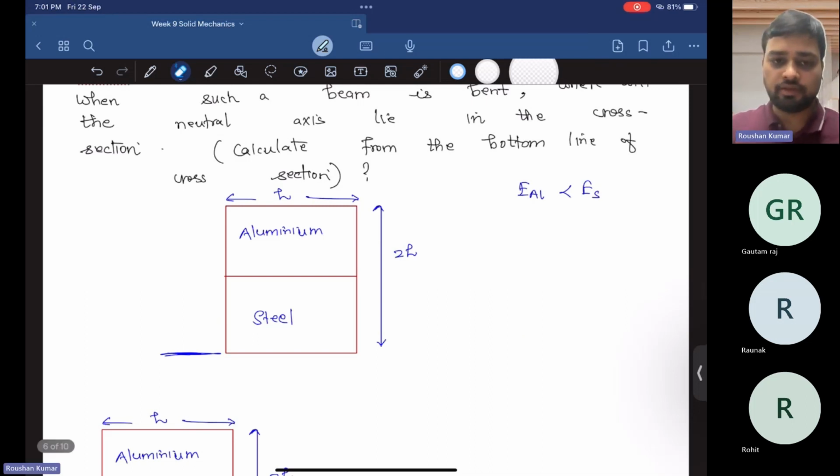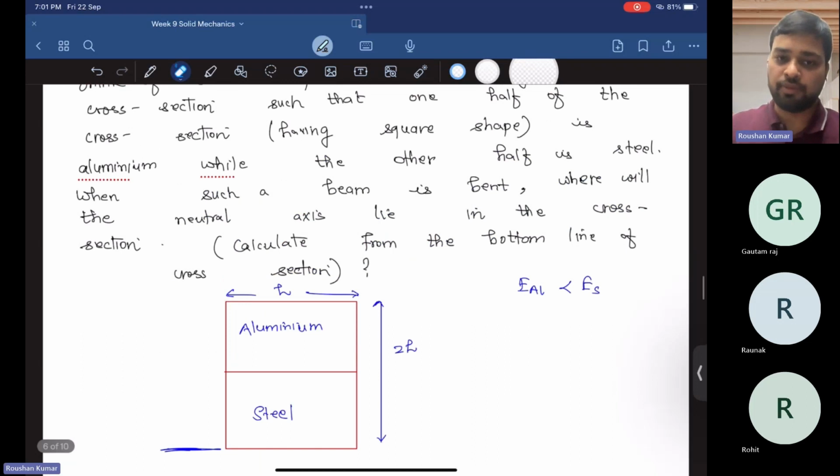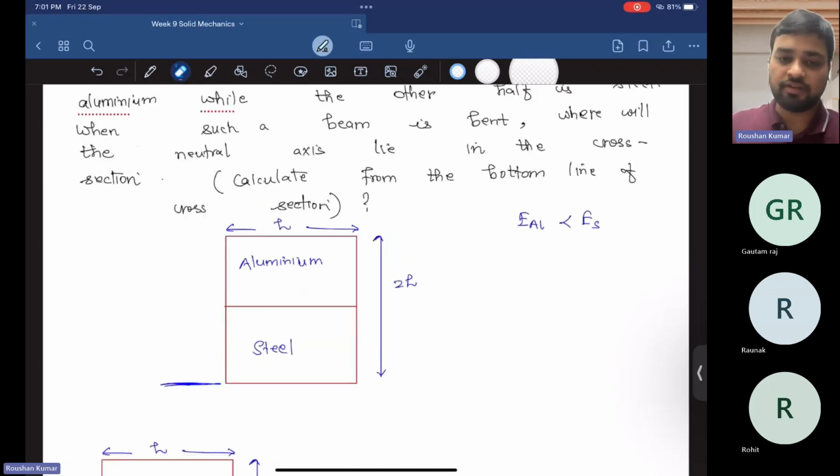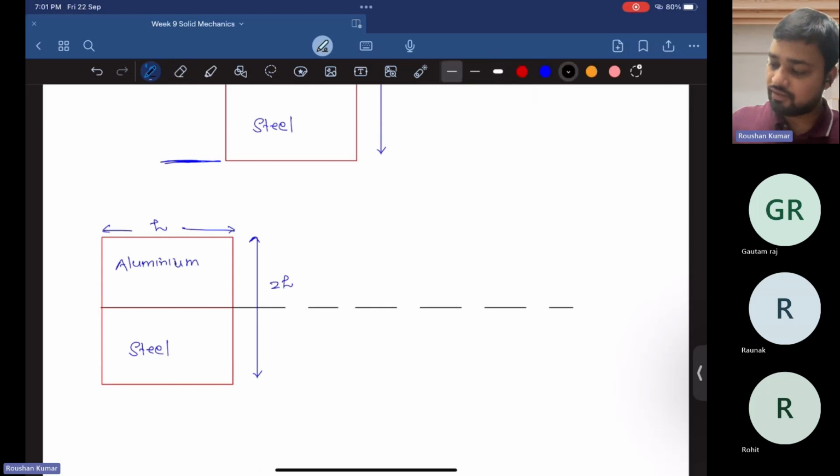So actually this is an example of a composite beam. Obviously the neutral axis doesn't lie on the centroid of the cross section. In this problem the neutral axis is somewhere else, not along the centroid, but along this line.